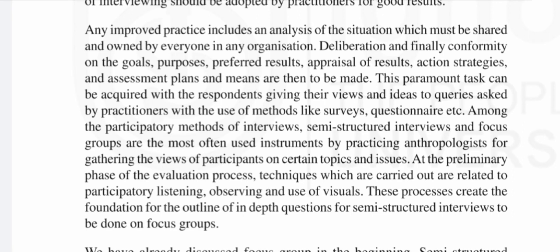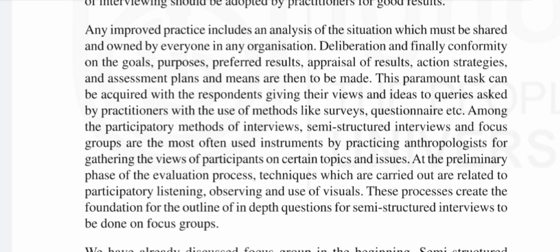The paramount task can be acquired with the respondents giving their views and ideas to queries asked by practitioners with the use of methods like surveys, questionnaire, etc. Among the participatory methods of interviews, semi-structured interviews and focus groups are the most often used instruments by practicing anthropologists for gathering the views of participants on certain topics and issues.